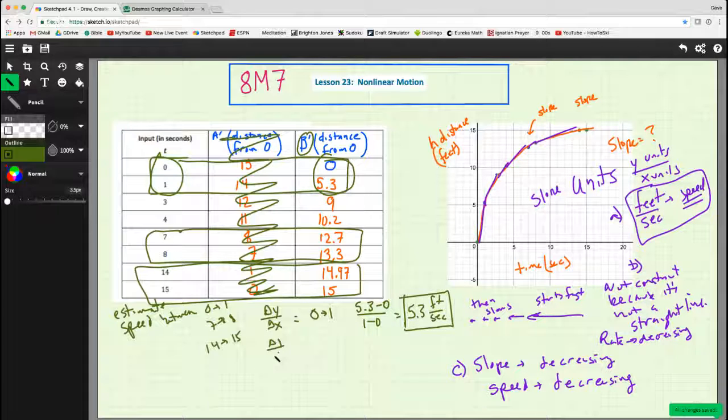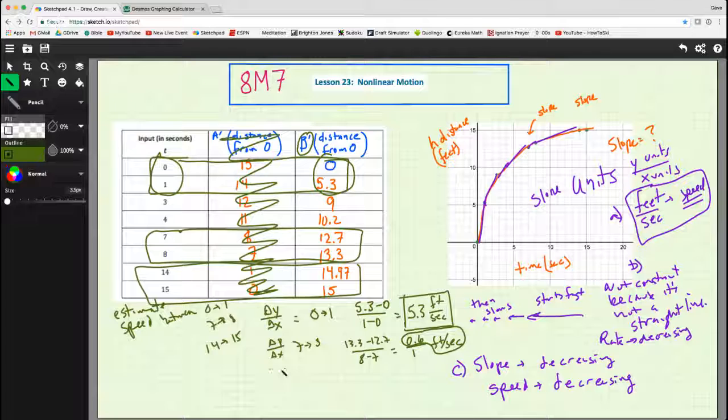Delta y over delta x now from 7 to 8 is 13.3 minus 12.7 over 8 minus 7, which is equal to 0.6 over 1 feet per second. So that's 0.6 feet per second.